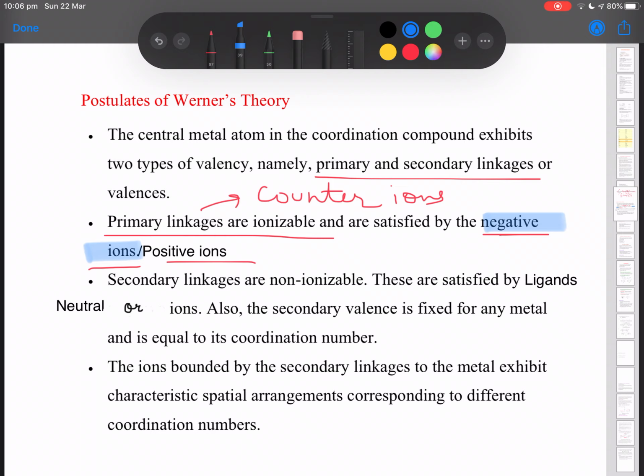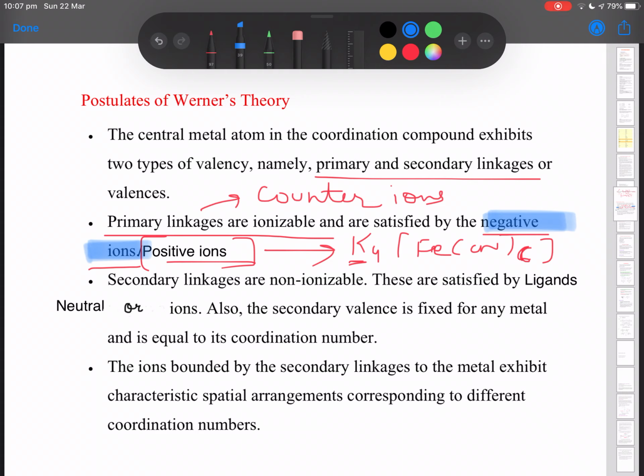So positive ions you just keep aside. I mention this so that you don't get confused with complexes like K4[Fe(CN)6], wherein the ions present are in the form of K plus, that is potassium ions, right? So keep it aside. I'm going to just highlight the negative ions for you.